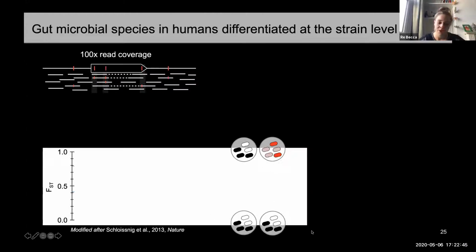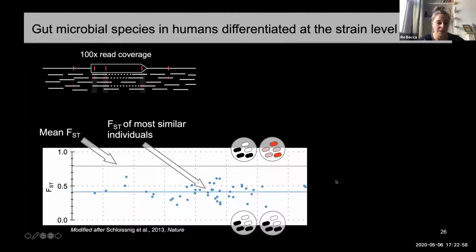And when you have very low FST, this means that your populations are more similar to each other. So again, I'm using the human gut microbiome study that I showed before from Schloissnig et al. as a comparison. Here you see basically how similar two different host individuals were to each other when you compare the human gut microbiome at the strain level.